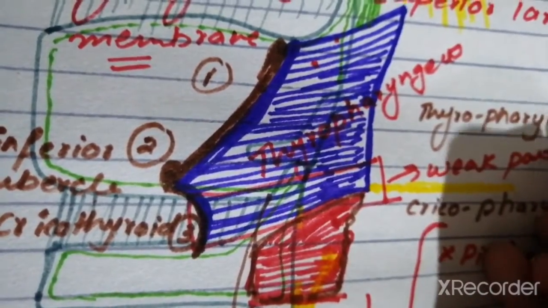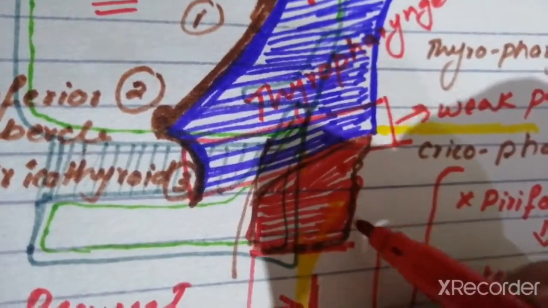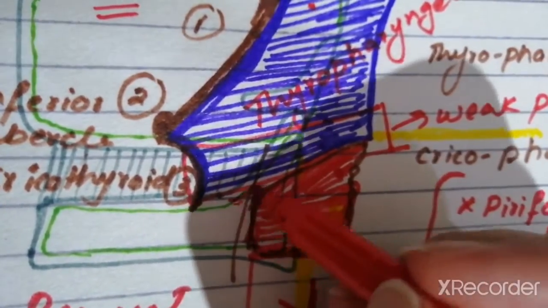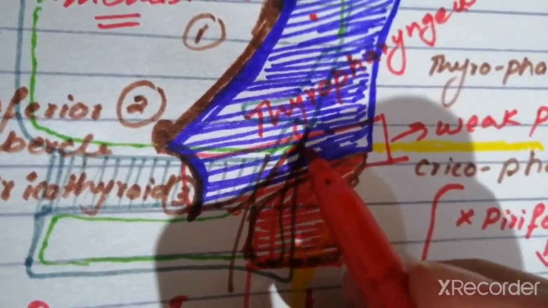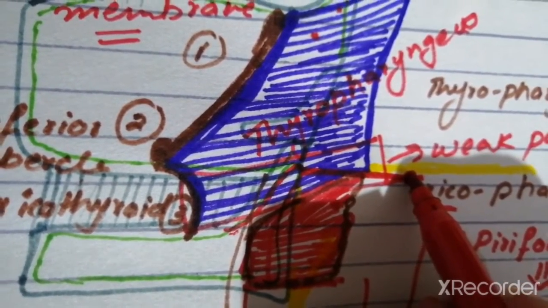And this weak part is directly beneath the cricoid lamina. We can show the cricoid lamina like this. This is the cricoid lamina. So it is directly beneath the upper border of the cricoid lamina, which is this part over here.